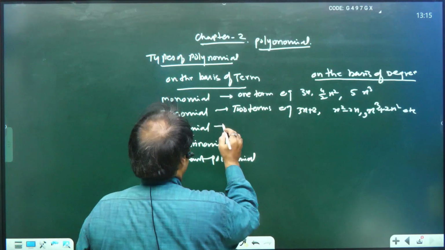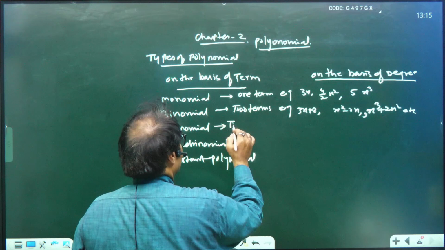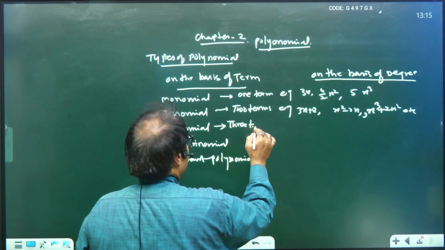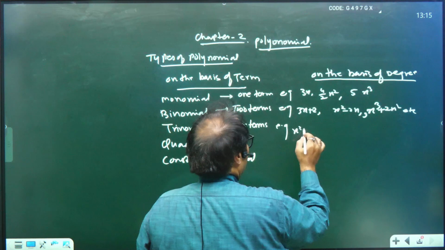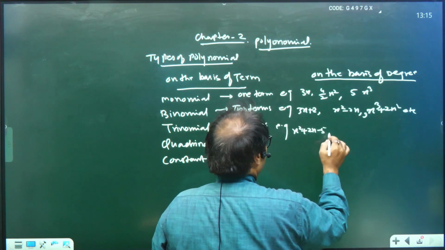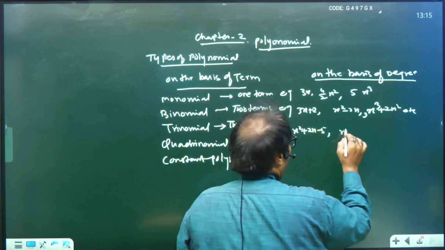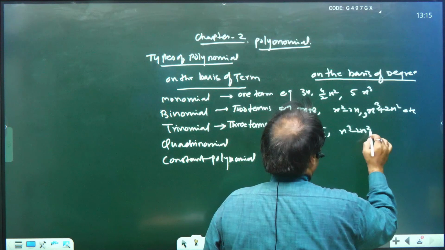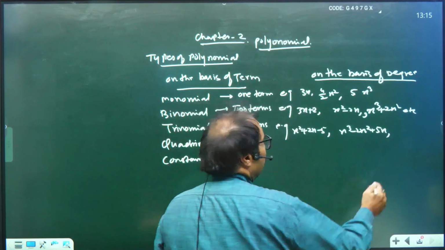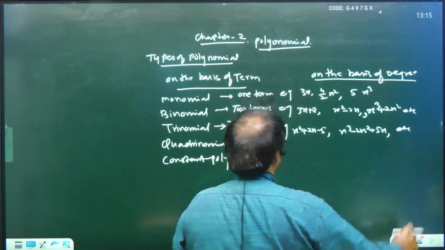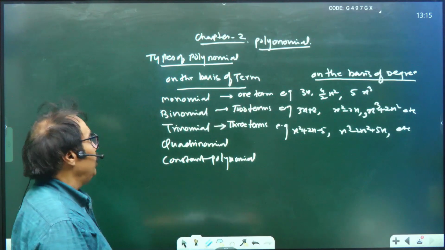Trinomial means an algebraic expression having three terms. For example, x square plus 2x minus 5, there are three terms. x cube minus 2x square plus 5x again has three terms. In this way we can give examples of trinomial.